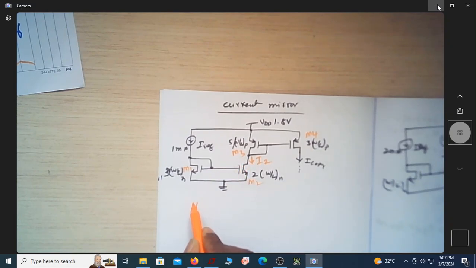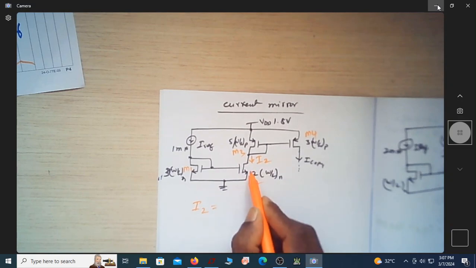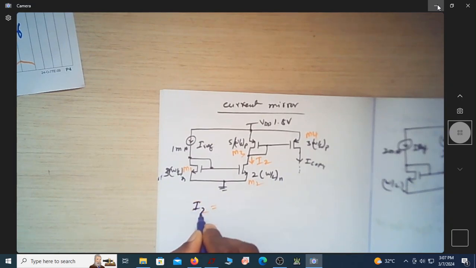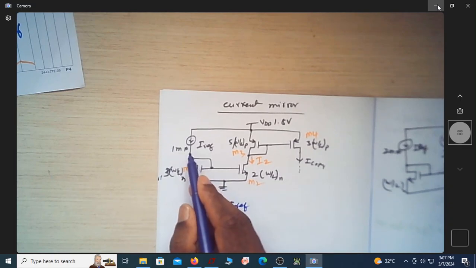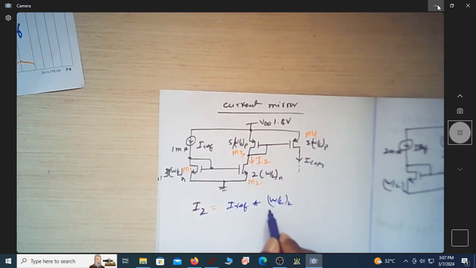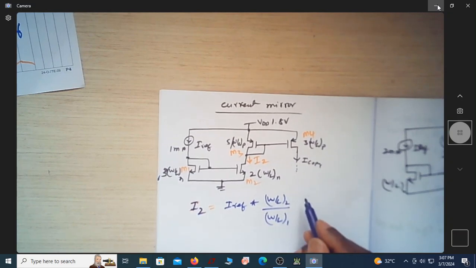If we want to find the current flowing in this arm of the circuit, I2 is given by I reference, the current flowing here, multiplied by the W by L of the second transistor by W by L of the first transistor.